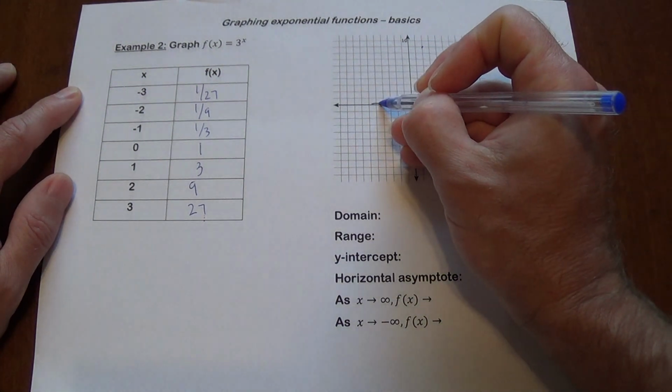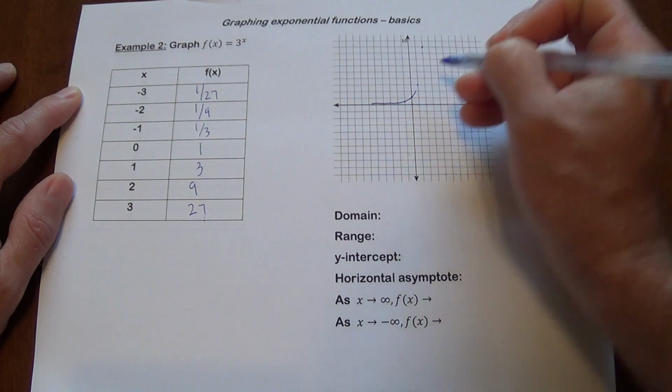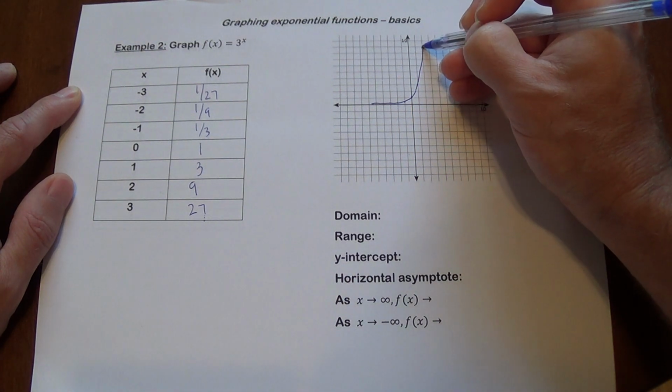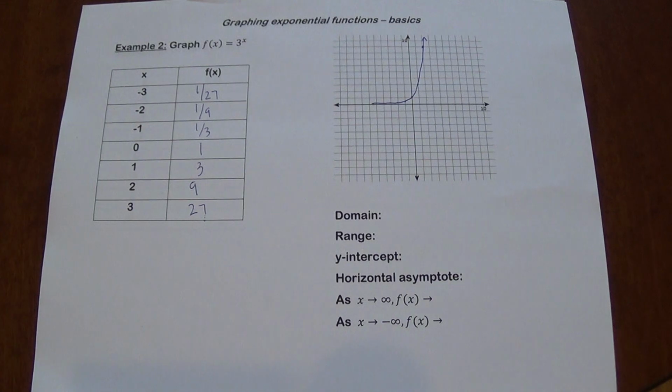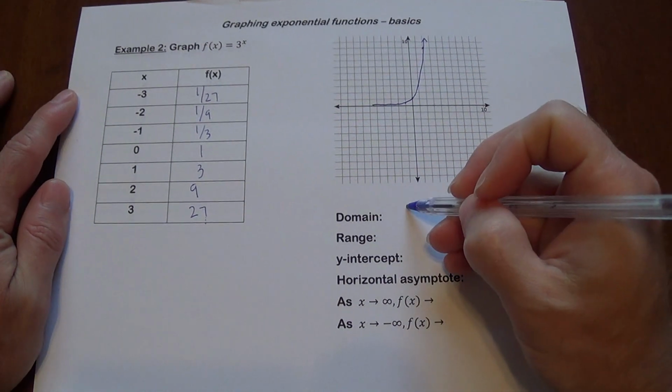But we should observe that our graph is going to be very much the same, except it's going to be steeper than the previous one because we have a base that's greater than the base 2. Base 3 is greater than 2, so the graph is going to rise faster, but the overall behavior is going to stay the same. So the domain is going to be all real numbers.